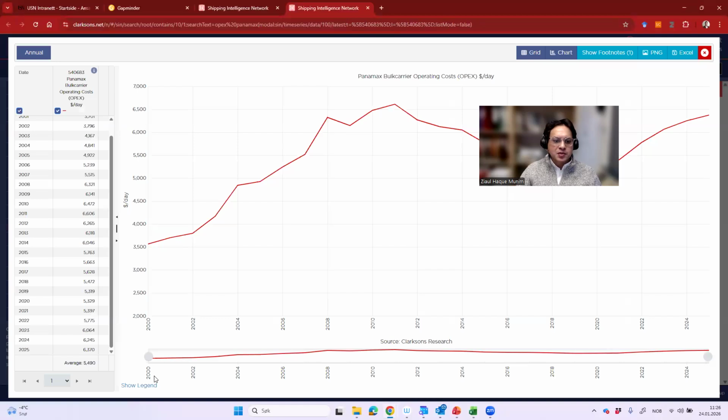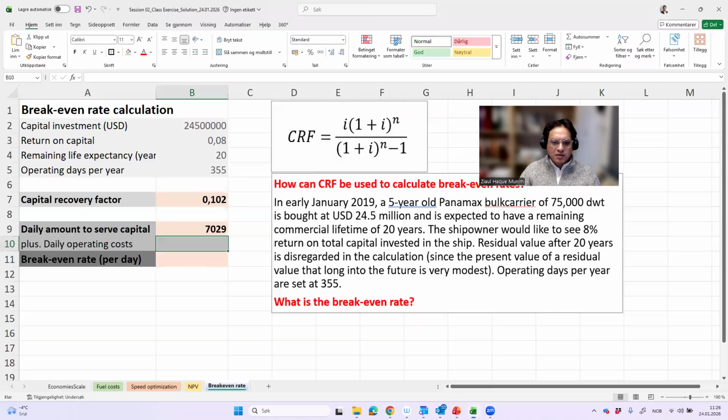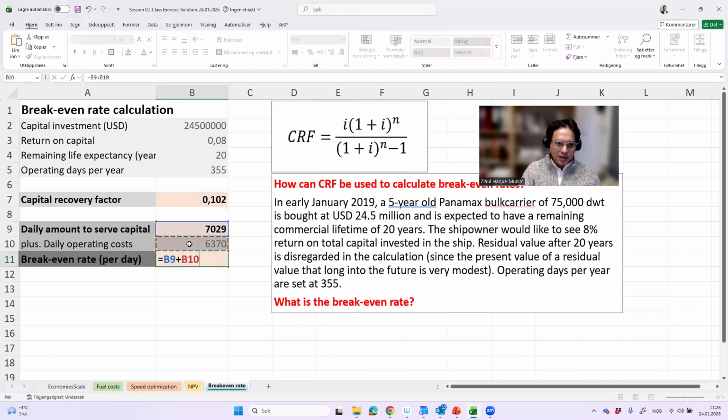Here I see a time series from 2000 to 2024, basically on a yearly level. This is a yearly average. So for 2005, I see it's 6370. So if I put 6370, then I add these two up, this plus this.